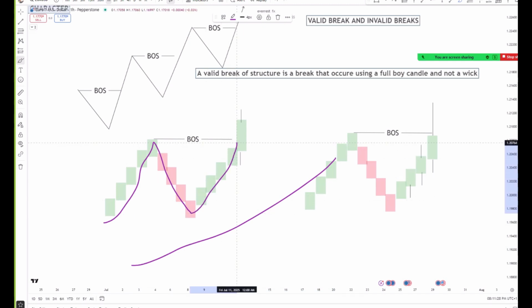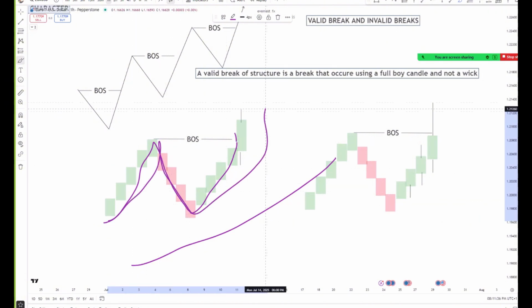The market will close here and just use a wick. So a situation where the market breaks structure with a full body candle is what we refer to as a valid break, while an invalid break is a situation where the market breaks structure using a wick and not a full body candle. Let me show you an example in the chart.